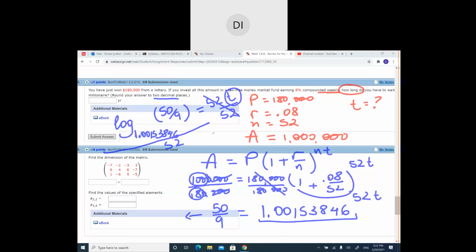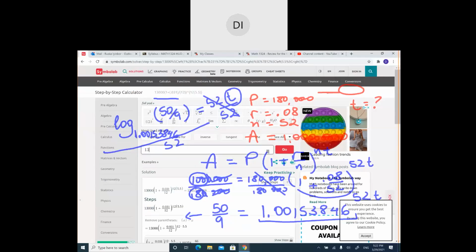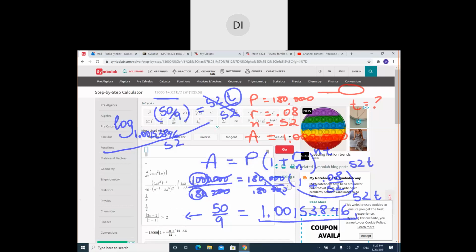So this is what I need to put in my calculator. So it's going to look big, but it's not that big when you plug it in. So here I need to put fraction because I'm going to divide everything by 52. So I'm going to press the fraction, and I'm going to put in the top logarithm.